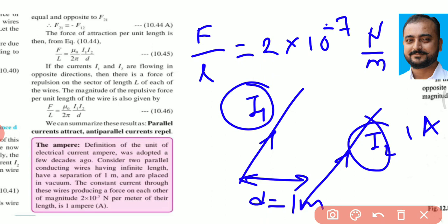Then the current in each conductor is said to be 1 ampere. Under this situation, it produces a force per unit length equal to 2 into 10 to the power minus 7 Newton per meter.